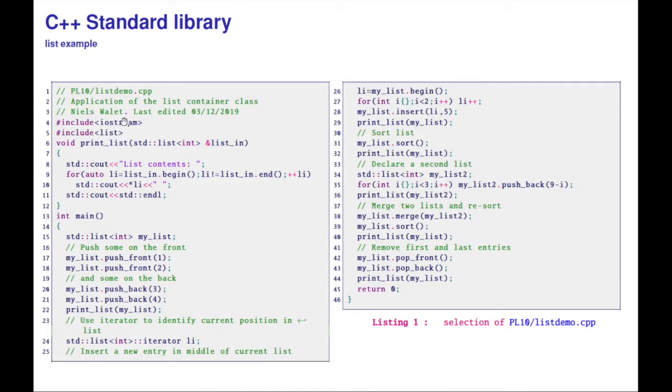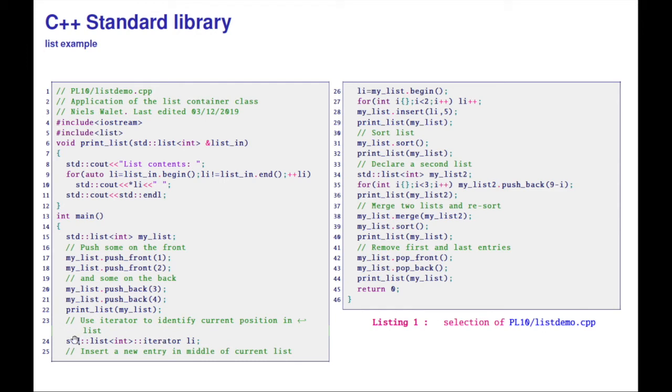I've got a simple thing that uses list. This prints a list, okay, so it iterates over a list and essentially outputs all the elements in it. Then I've got a main program which has a list and I can push to the front or push to the back. That's the useful part of a list. You can either add on one side or the other side of the list. And then I can actually identify the elements by writing an iterator.